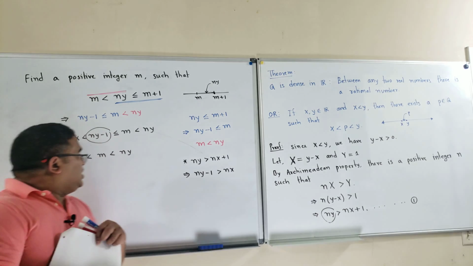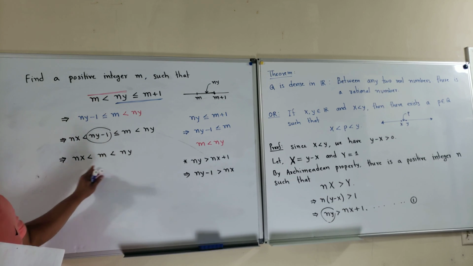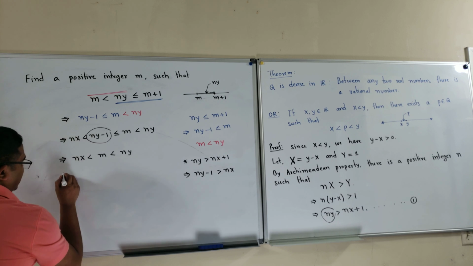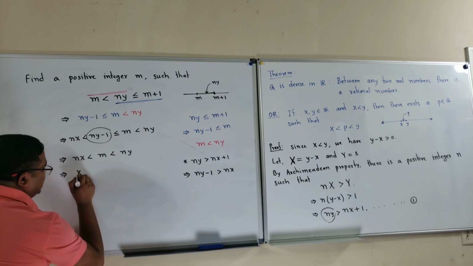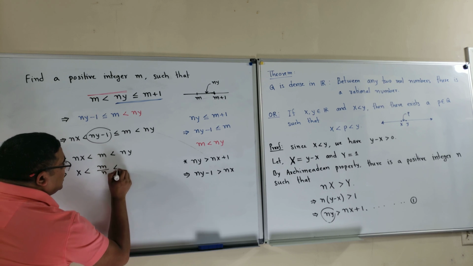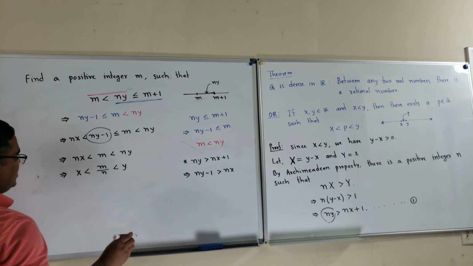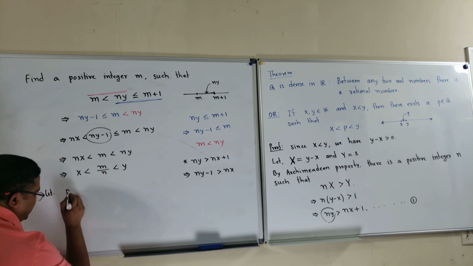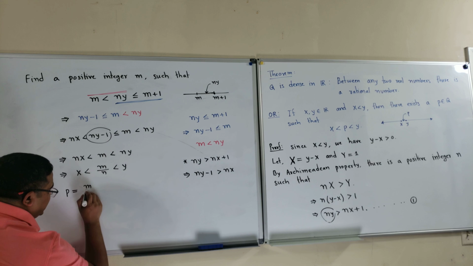Now divide the whole inequality by n. Then what do we get? X less than m by n less than y. Let p equal m by n.